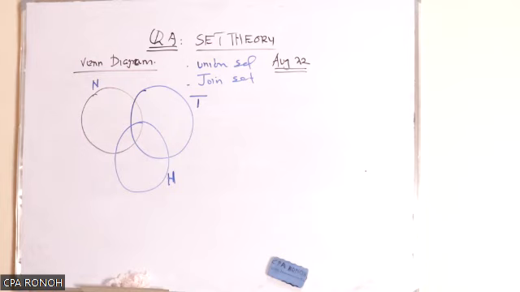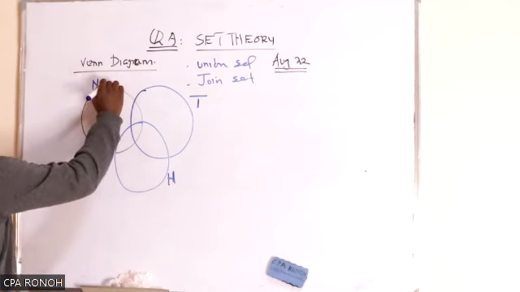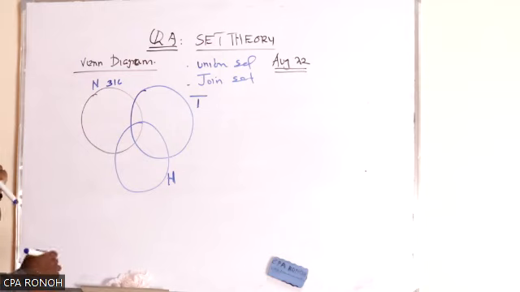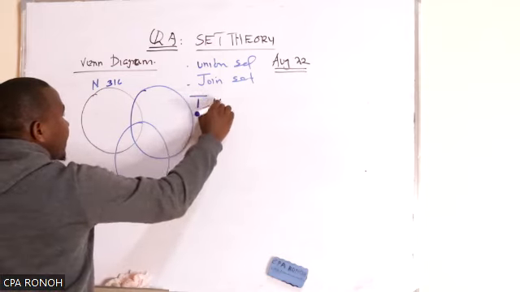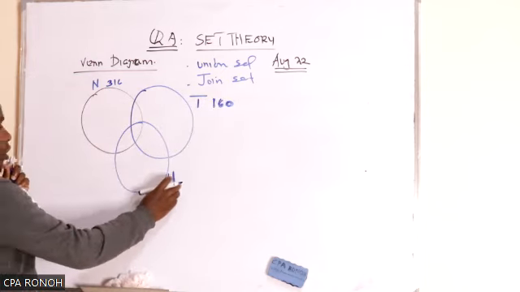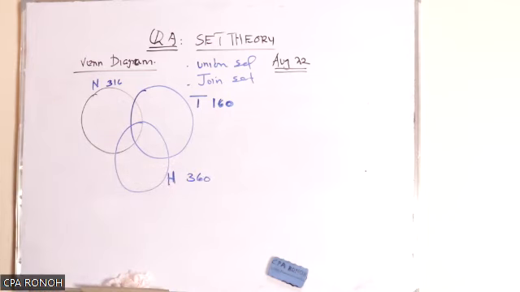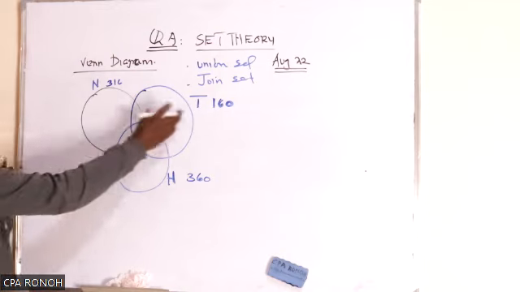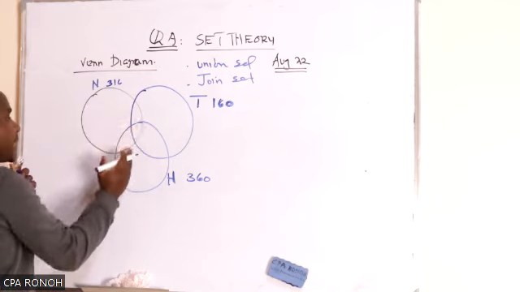We have been told the ones who own the Nissan are 316, the ones who own Toyota are 160, and the ones who own the Honda are 360.